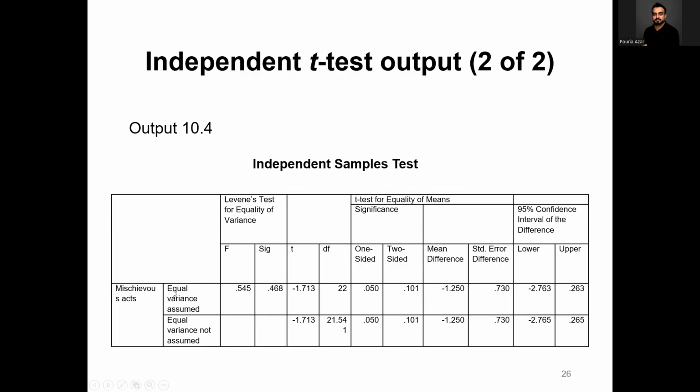So I have to read the t statistic and degrees of freedom from the first row here. Let's say if this p-value for the Levene's test was less than 0.05, I would assume that equal variance is not assumed, then I will go with the second row and I would report the statistics there.